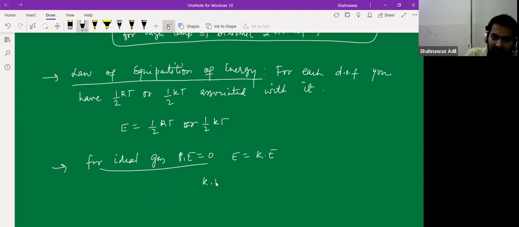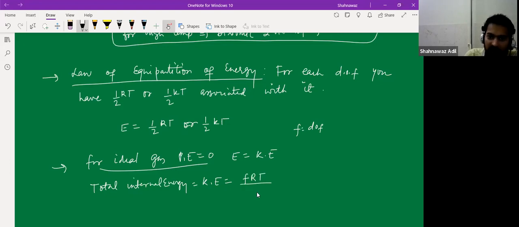Kinetic energy is for every degree of freedom. Let's say you have F degrees of freedom. So the internal energy for the ideal case will be only the kinetic energy, which will be F RT by 2.